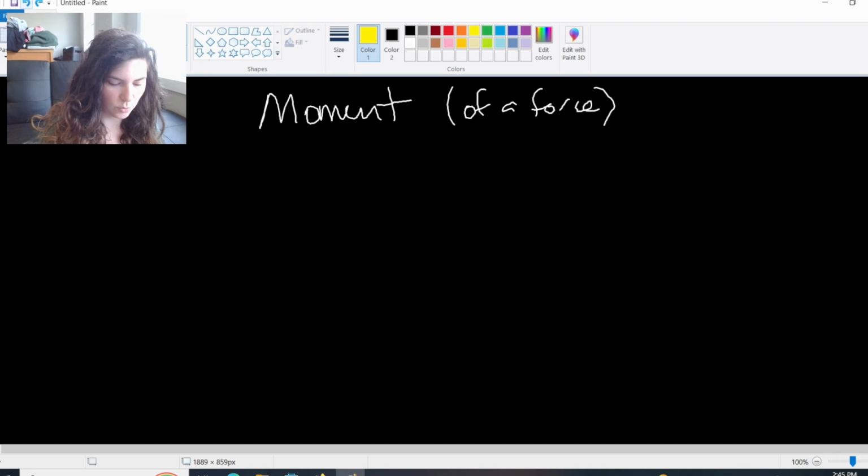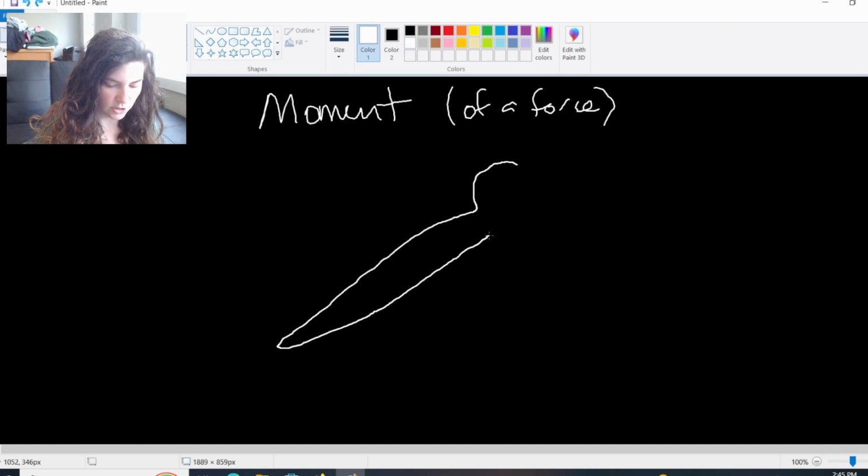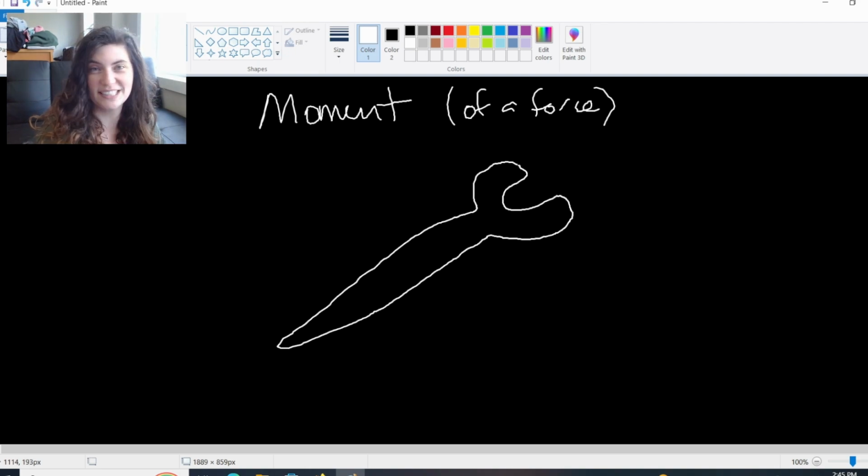Let's use a wrench as an example. All right, so if I have my wrench here, use your imagination. You can also call it a little Lego arm, because that's kind of what it looks like. So we have our wrench here, it's tightening some nut or bolt or whatever it's tightening.